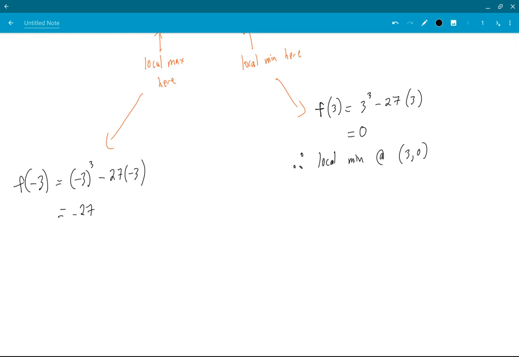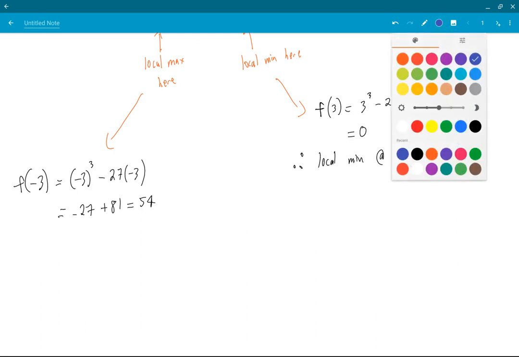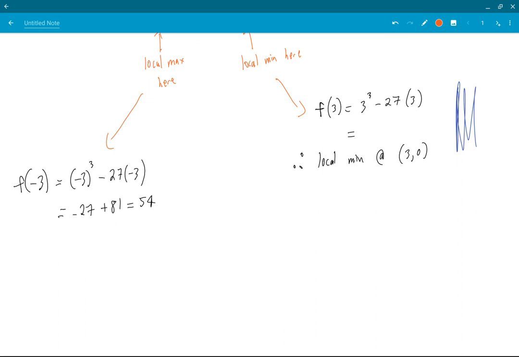Minus 27 plus 81, which is 54. Yeah. Okay, sorry, I made a mistake over here. What did I do wrong? Calculation error, it's 27 minus 81. So I shouldn't have 0 here, I should have negative 54.